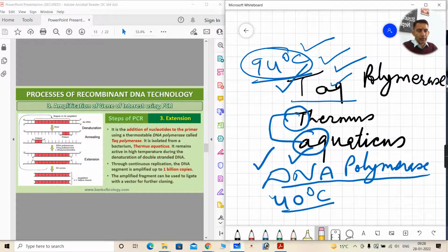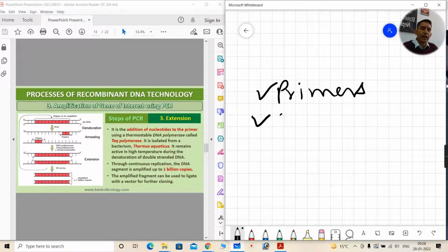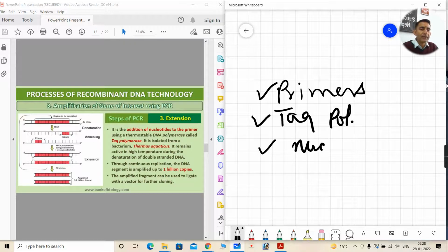Okay, then what have we done so far? We have added primers, one thing; Taq polymerase we have added; and the third thing is we will be adding the nucleotides.